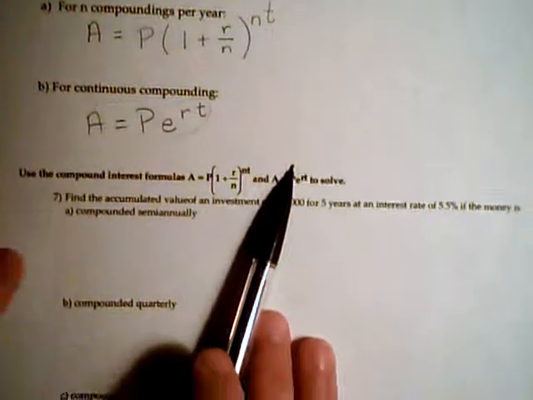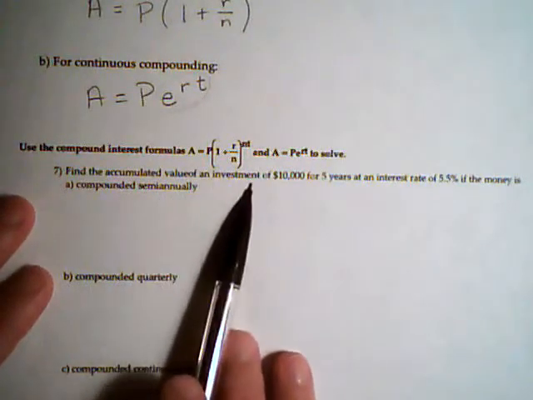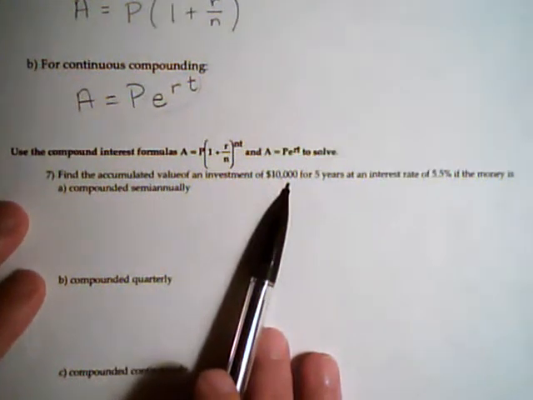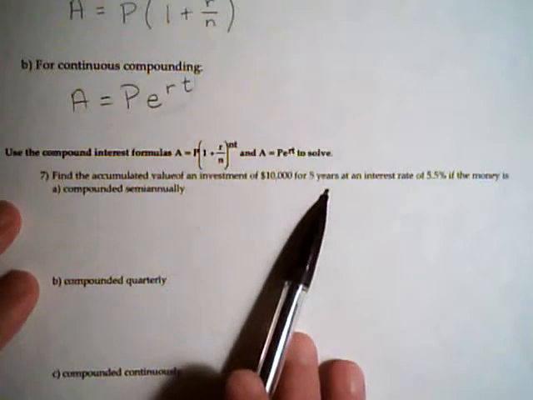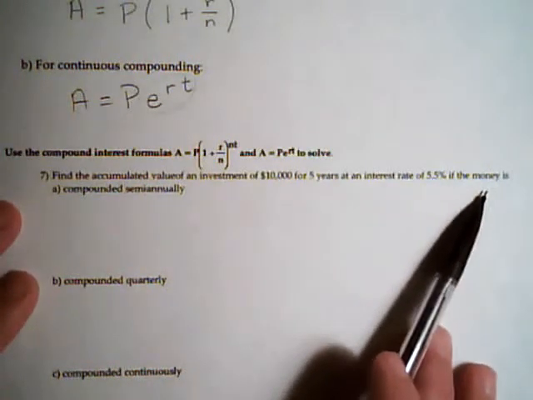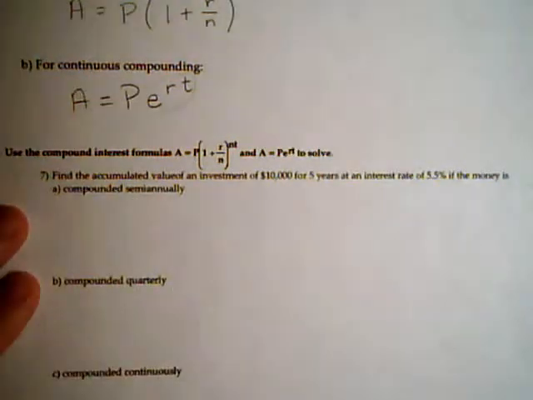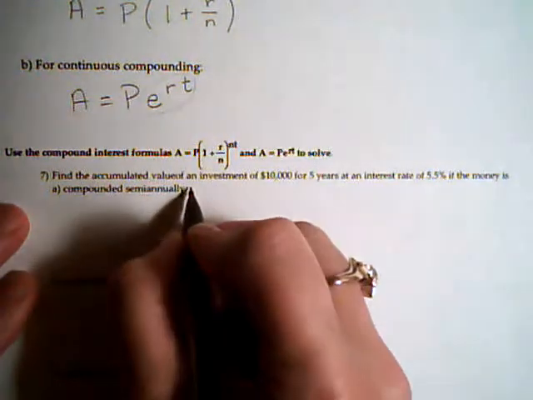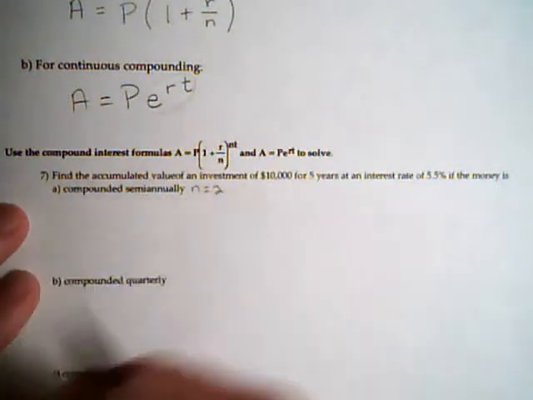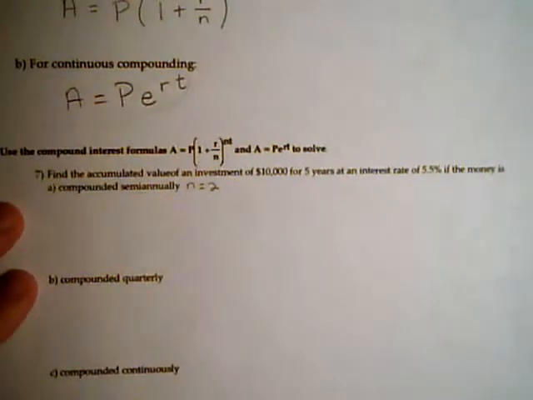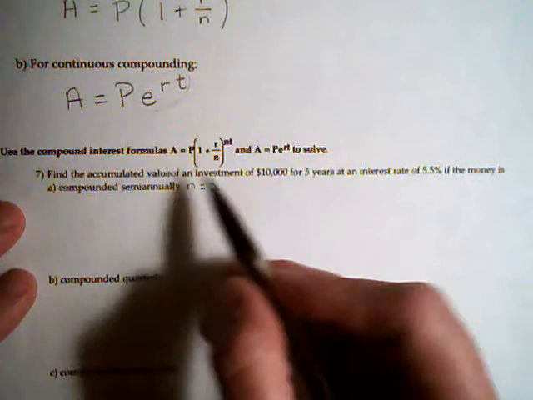Number 7 says find the accumulated value of an investment of $10,000 for 5 years at an interest rate of 5.5% if the money is compounded semi-annually. Semi-annually means twice a year, so this is where my n is going to equal 2. Let's look at the information that's given.